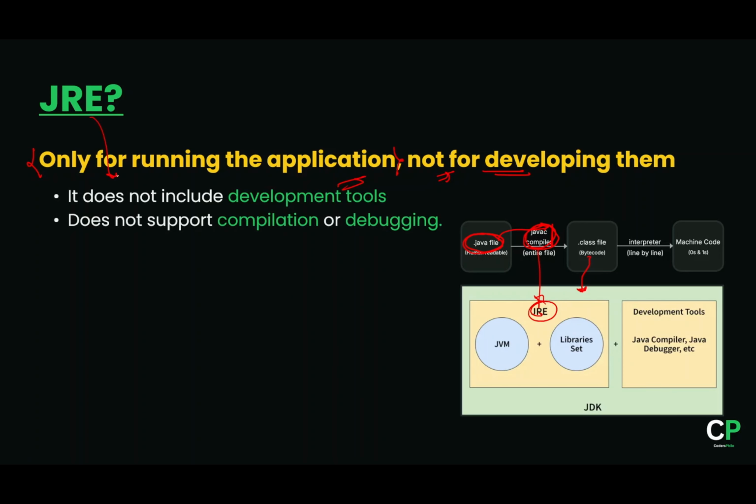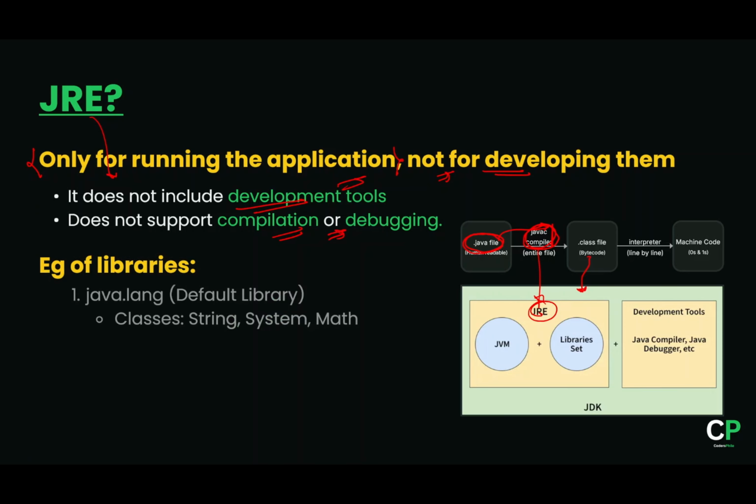It means that the JRE does not provide development tools like a compiler or debugger for compiling or debugging the application. For the development of the application, we need a compiler and a debugger, but the JRE does not provide them. It is only intended for the end user who wants to execute the applications.